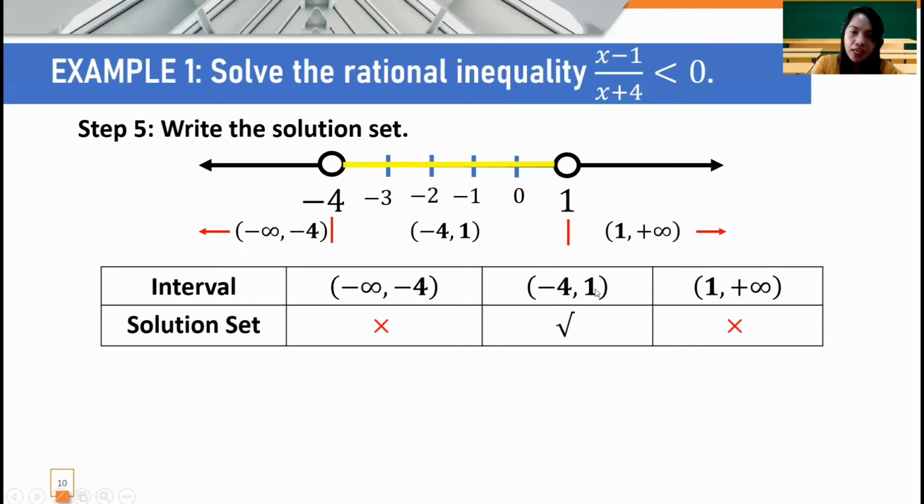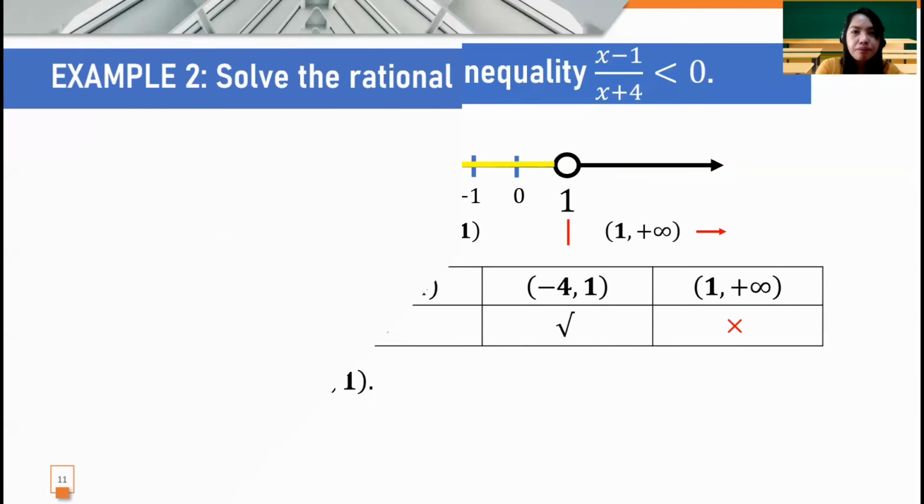So to graph that, we have to shade all the numbers between negative 4 and 1. Therefore, the solution set is open negative 4 to open 1. Negative 4 and 1 are not included in the solution set. All the numbers between them.